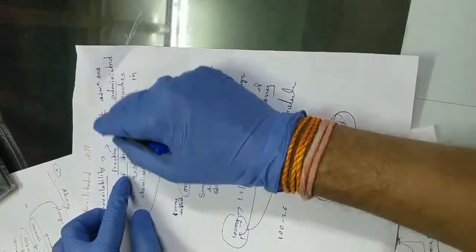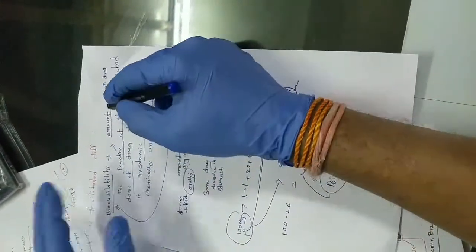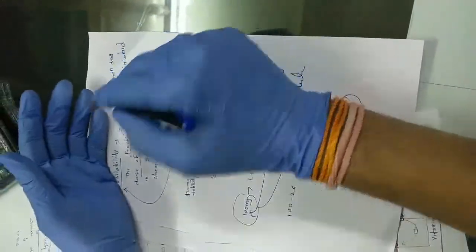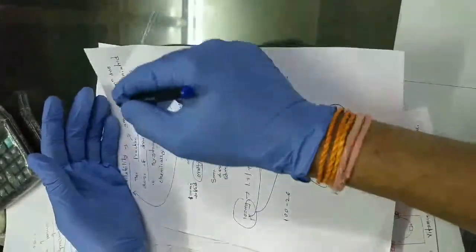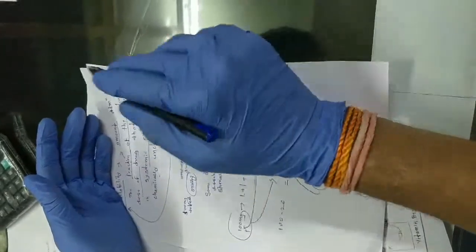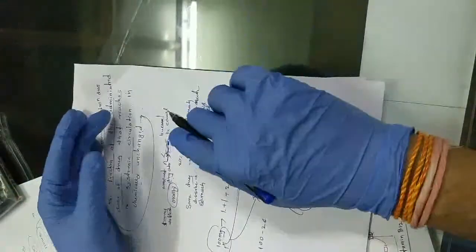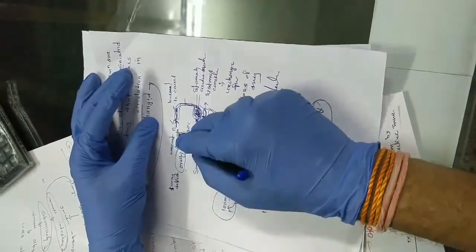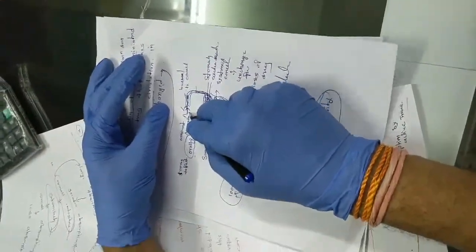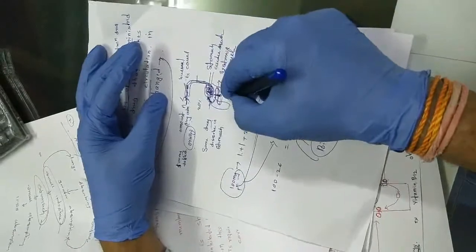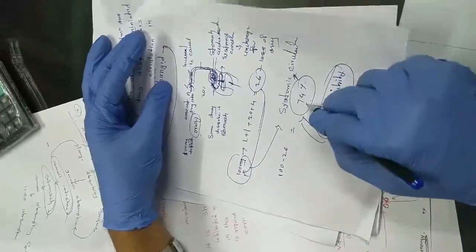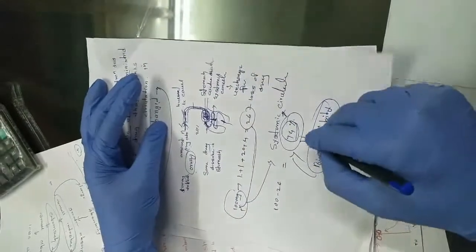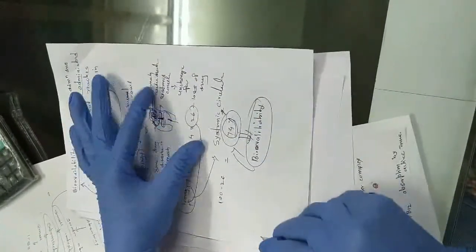In simple language, the amount of drug administered that reaches the systemic circulation is the bioavailability. And it is explained diagrammatically: 100% tablet you administer orally, it reaches the systemic circulation in unchanged form at 74, and hence the bioavailability is 74%.